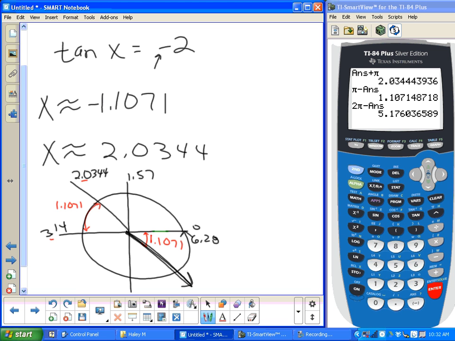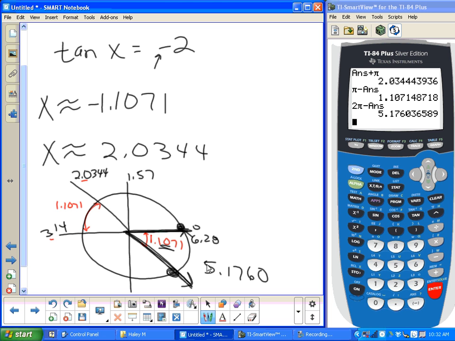I want to stop right there, because we're going from standard position. We're trying to measure the angle starting here. From standard position, you always start with the positive x-axis and go around counterclockwise. So if I go all the way around, it's 2 pi. But if we stop right here, we're stopping that much short of it. So we just say 2 pi minus that. That's 5.1760.